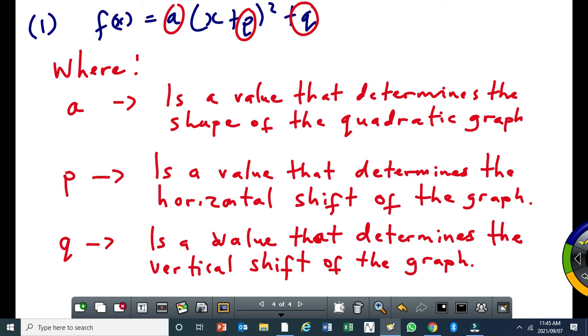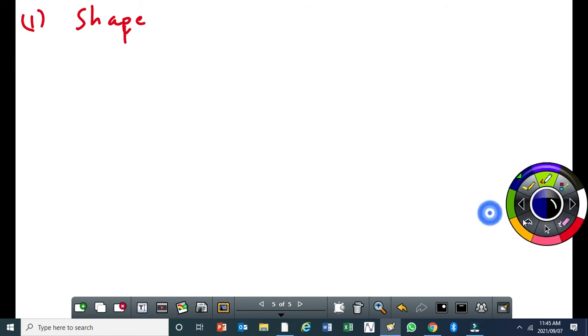Right? I'll come back to the effect of P separately. So first thing, the shape. Let's talk about number one, the shape. You know this already because you did the graph last year.